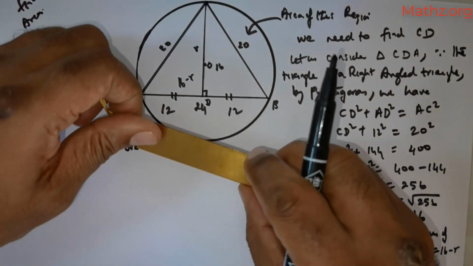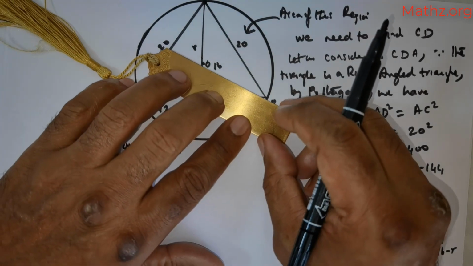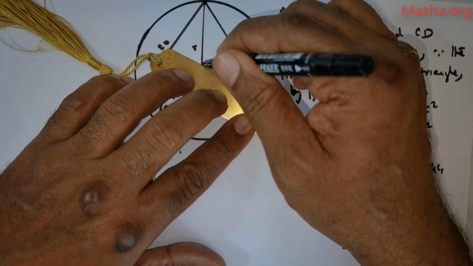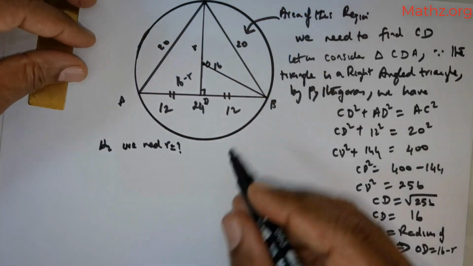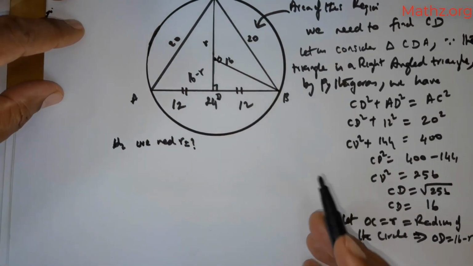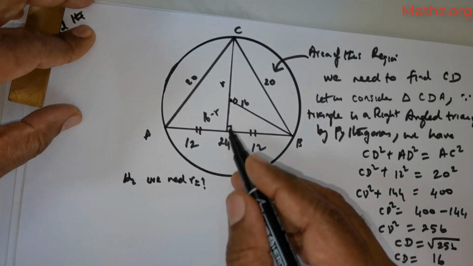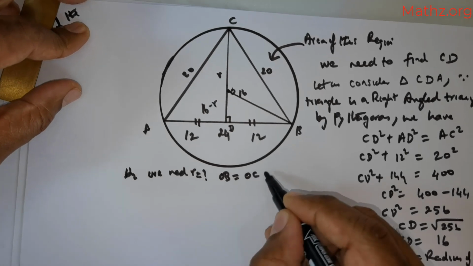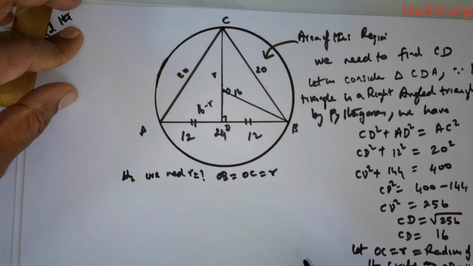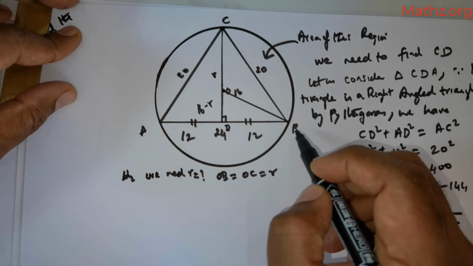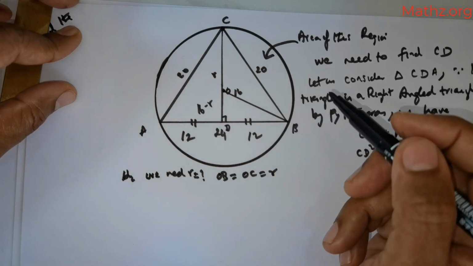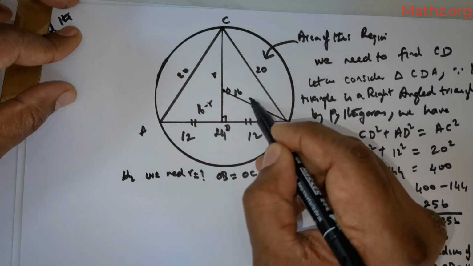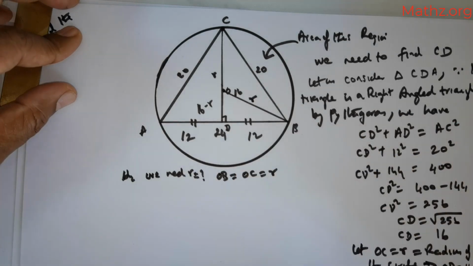What I wish to do is, from the center, connect the point B. Now what is this? This is also a radius. Now OB is equal to OC is equal to R. So we have a line from the center to B, which is also a radius, so I can take this entire length to be equal to R.